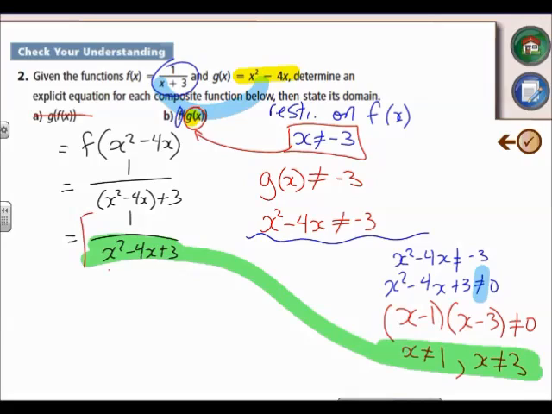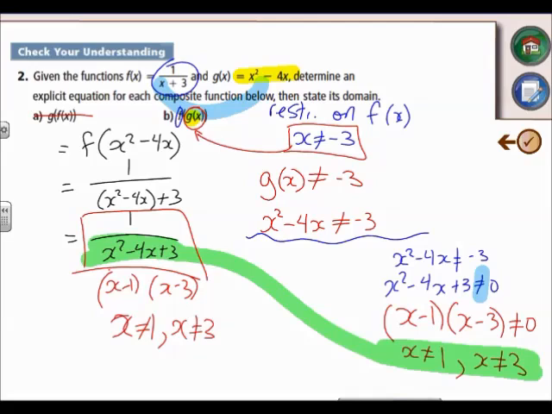This was our graph, our equation. Take the NPVs on that, and it's going to be the same. That would factor into the same thing, and x cannot equal 1, and x cannot equal 3. So you can do it either method there.